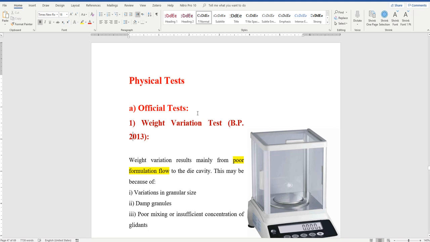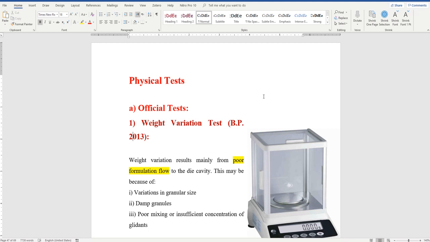Okay, now let's talk about weight variation. Here we are talking about the total weight of the produced tablet, which means the active ingredients plus the excipients in the tablet. So what we are looking at here is whether each tablet weighs similar to other tablets.